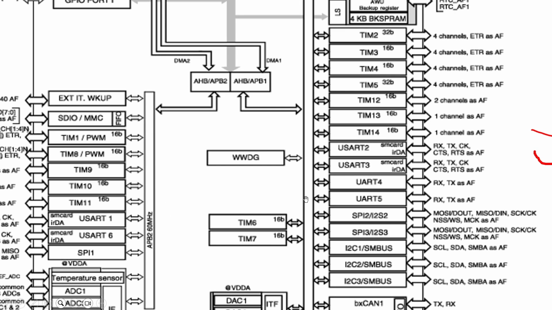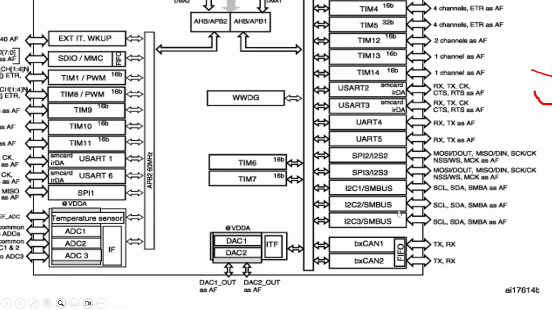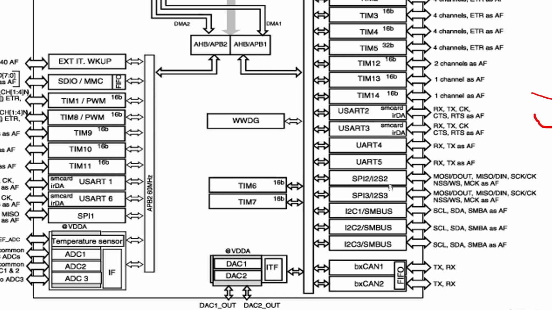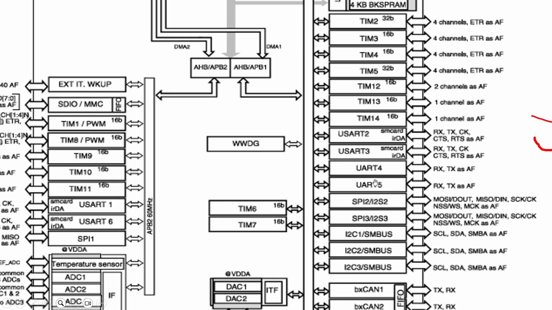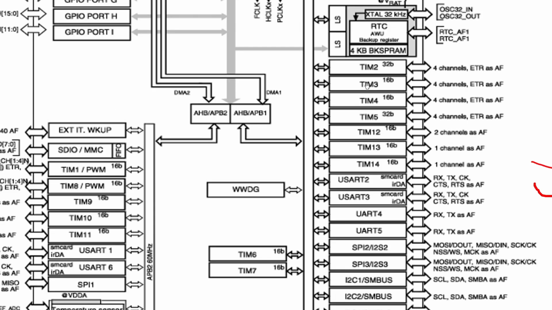Now we will talk about the APB1 bus. These are the peripherals connected with it: timers, USART and UART. CAN is connected on which bus? APB1. And where is Timer 3 connected? Timer 3 is connected to the APB1.